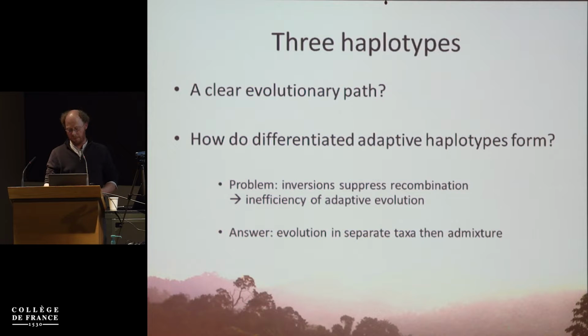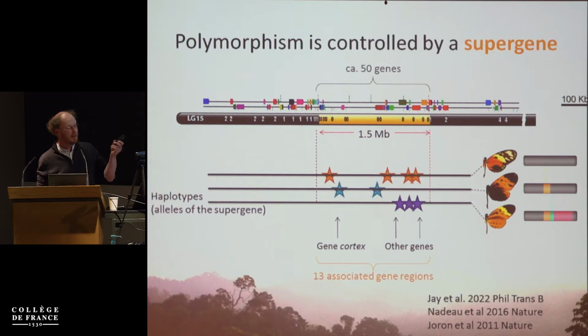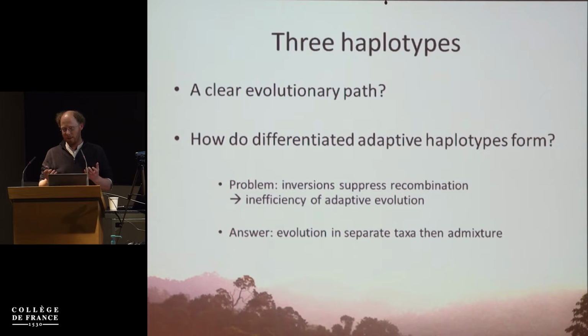But still, we have this clear evolutionary path, but how do those haplotypes differentiate from one another? The problem is, it's actually not trivial, because inversions suppress recombination and prevent adaptive evolution, because recombination is essential in building haplotypes of differentiation. So because selection is inefficient if you suppress recombination, it's very difficult to explain how those haplotypes were formed in the first place.